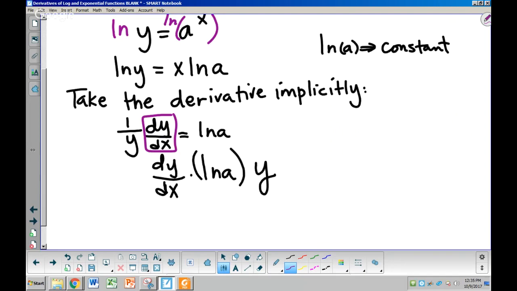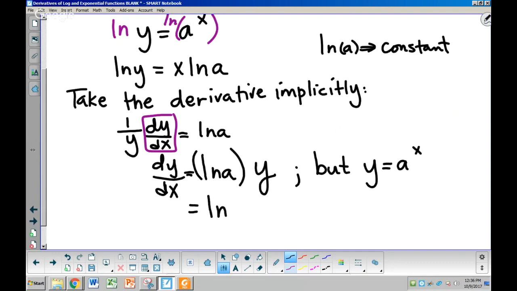But what is y? You're right. That's why you were looking at me crazy. I was being crazy. But what does y equal? A to the x. Yes.